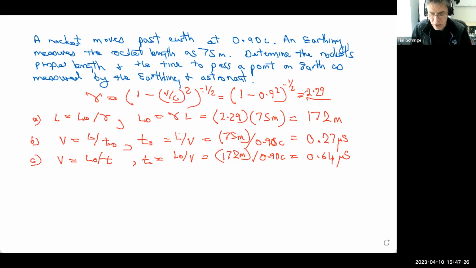So that's the challenge. The equations are simple and straightforward. We just use the formula for speed. We just use the formula for length contraction. We could have used the formula for time dilation involving the Lorentz factor.